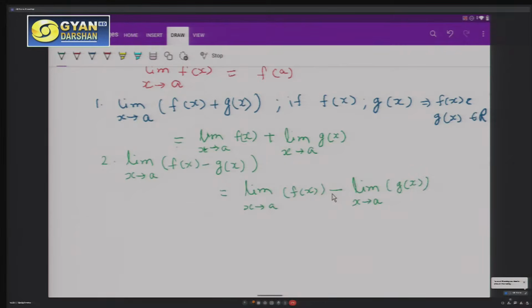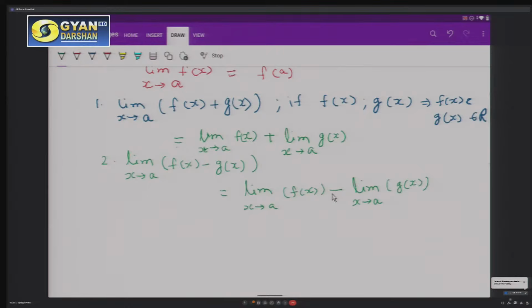Limit is a concept, you can say an operator on the functions f and g, and it's simply saying that for plus or minus, you can take the limit separately and then subtract.